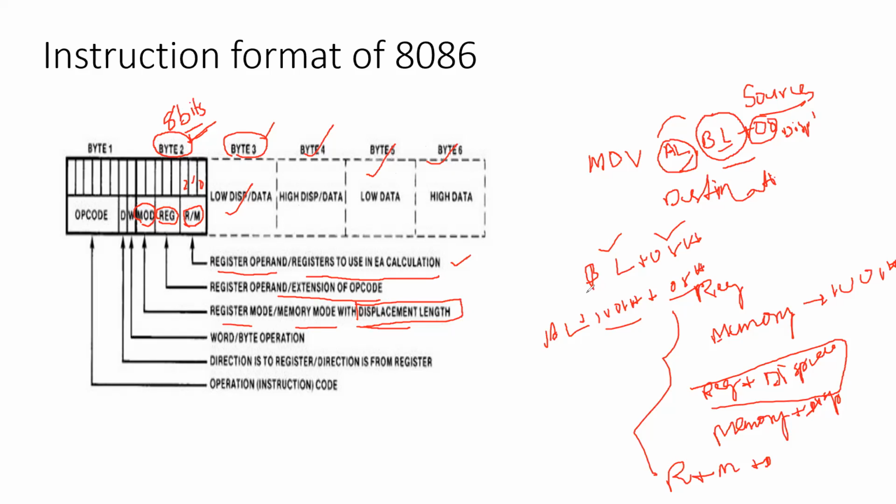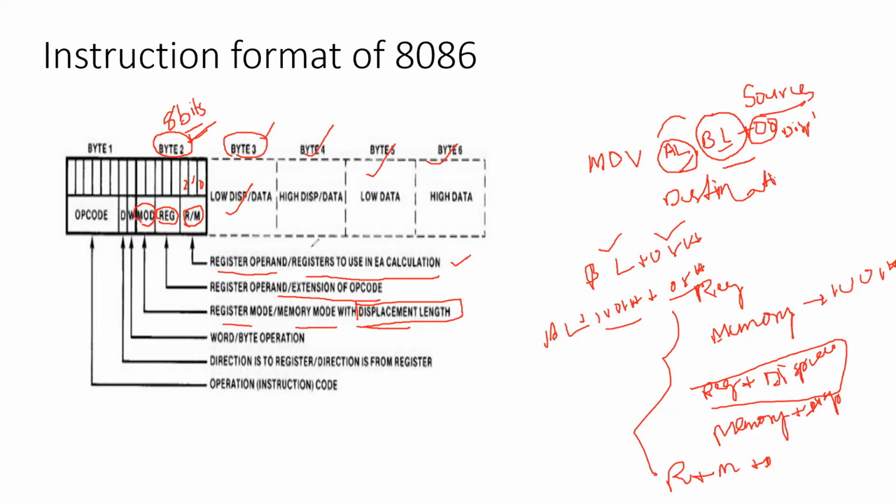If there is only a register, we may not have these displacement values. If there is only memory, we may not have these displacement values. If there is register plus displacement, then we can have the lower displacement if it is 8-bit. If there is register plus 16-bit displacement, then we can have byte 4 also.